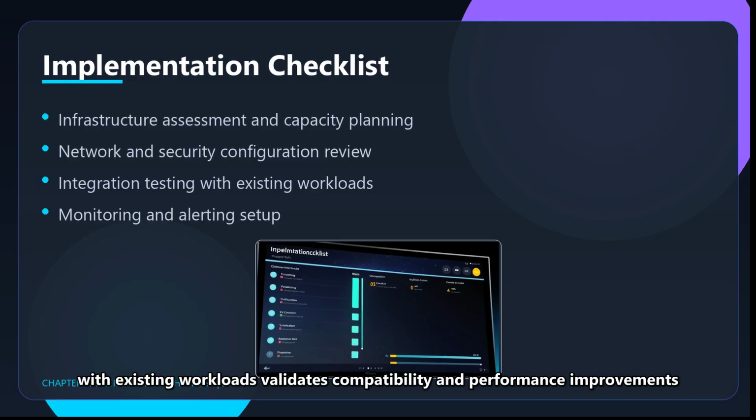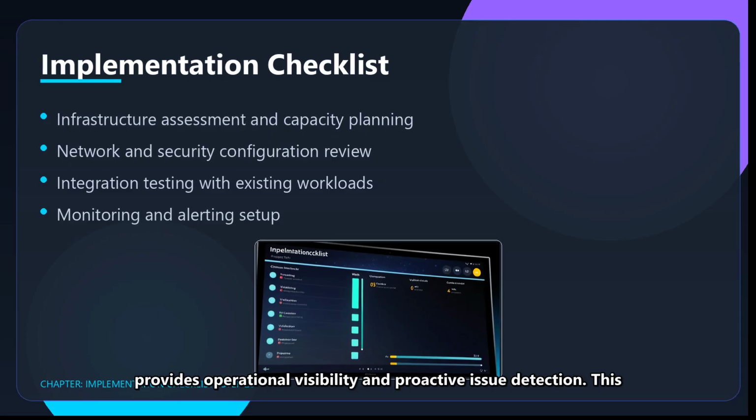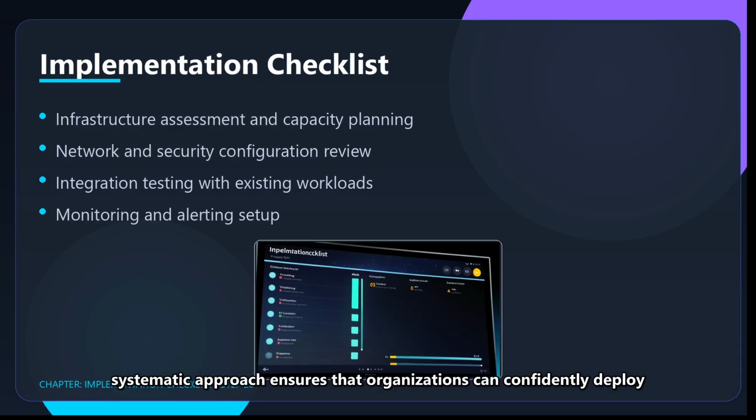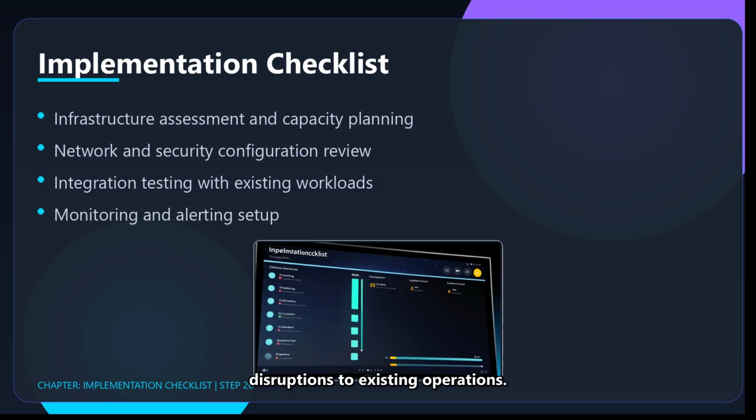Integration testing with existing workloads validates compatibility and performance improvements before production deployment. Finally, monitoring and alerting setup provides operational visibility and proactive issue detection. This systematic approach ensures that organizations can confidently deploy Uniffle while maximizing its benefits and minimizing potential disruptions to existing operations.